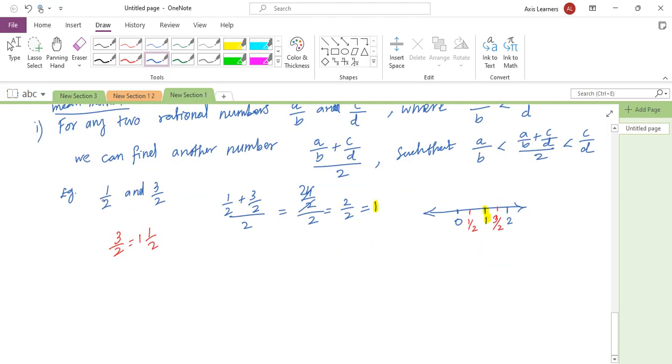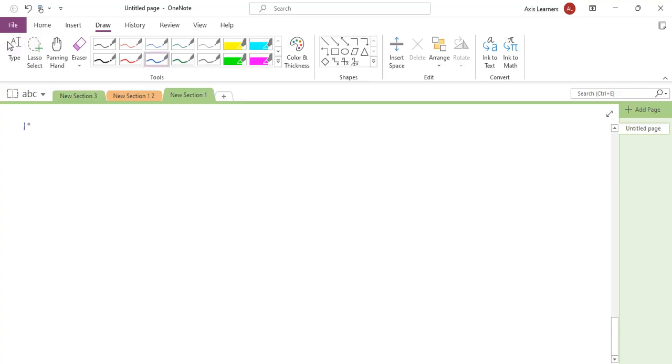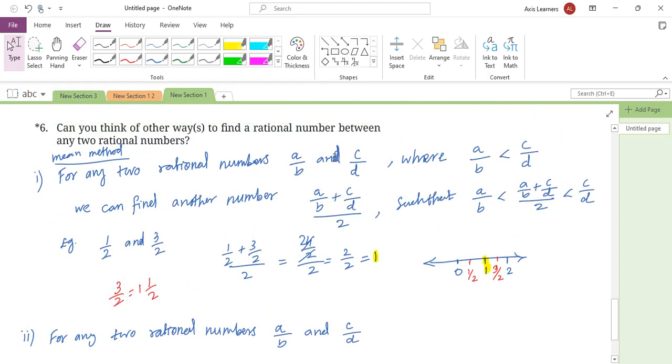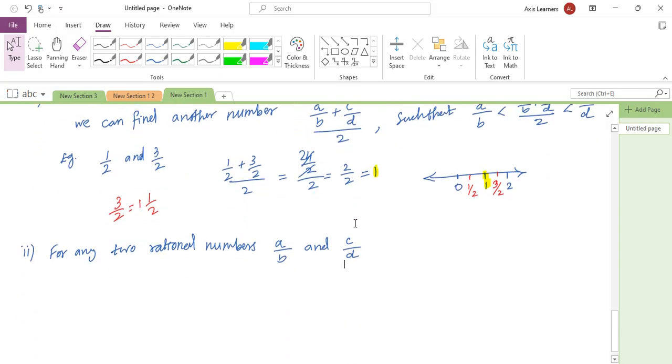One more method is there, I will tell you, that is also similar to this. Second one, for any two rational numbers a by b and c by d. Here we found the average. We added these two numbers and we divided this by 2.